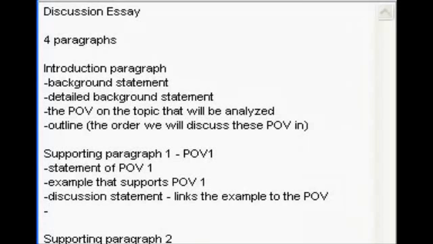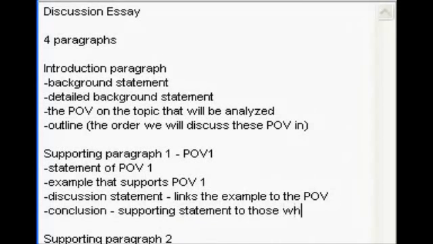Okay. Now the last sentence is our conclusion sentence. And this conclusion sentence just gives us a supportive statement to those that would agree with point of view number 1. So it's a supporting statement to those who agree with point of view 1.